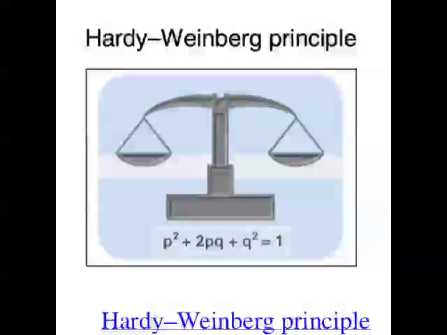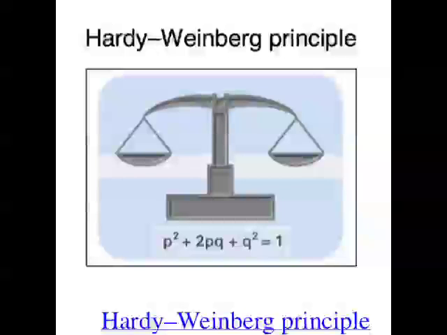Now, the Hardy-Weinberg principle can actually be used to estimate allele frequencies in a population if you don't exactly know every single allele in a population, which we most of the time don't. And it can also be used to estimate genotype frequencies in a population. Now, if you want to estimate genotype frequencies in a population, you use the formula P squared plus 2PQ plus Q squared equals 1.